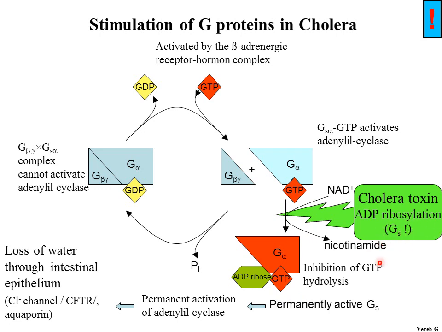What it causes is that it prevents the hydrolysis of GTP by the alpha subunit. So then this alpha subunit of the stimulatory G protein is permanently active.